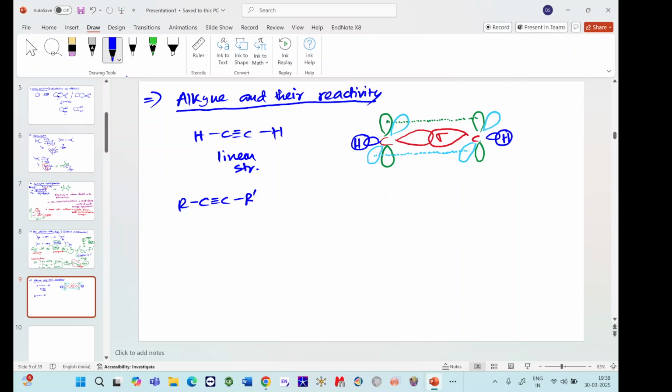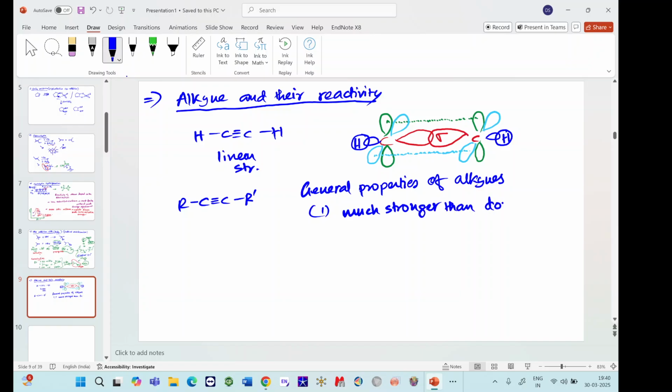Okay, so what are the general properties? First one is that triple bonds are much stronger than double bonds, which relates to them being much shorter.